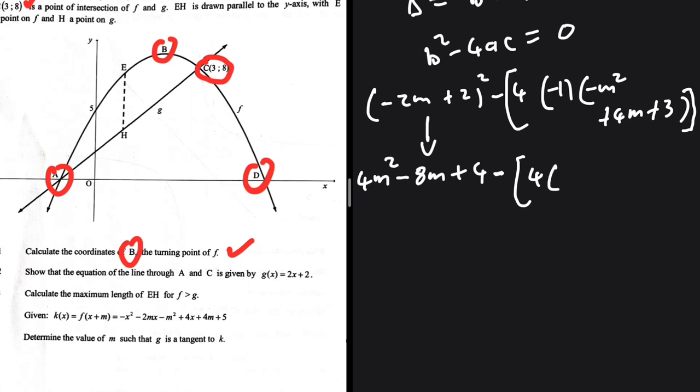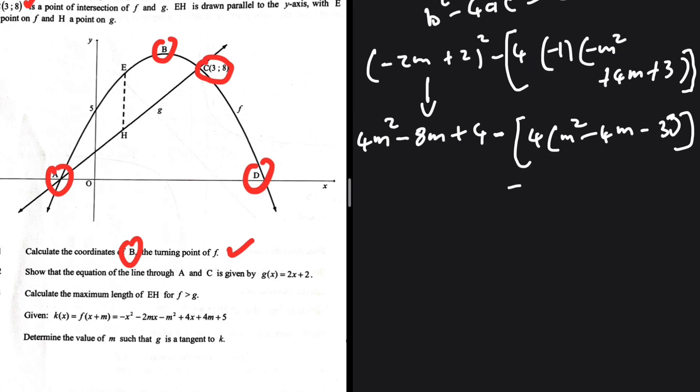So I'll get 4m squared plus, not plus but minus 4m, minus 4m, plus 3, or minus 3 actually, minus 3. So that is minus 3, and then this is equals to 0.